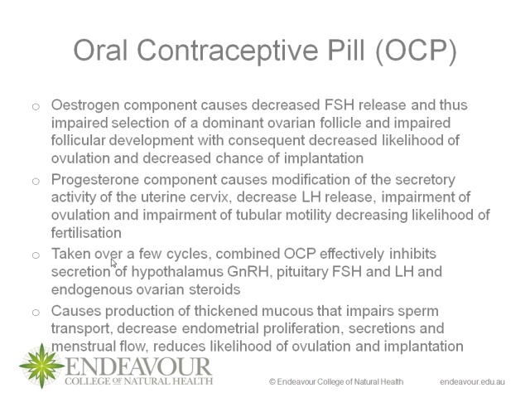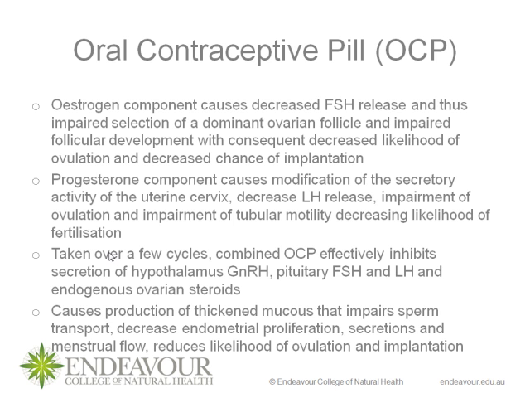With time, this causes a thickening of the mucus. This impairs sperm transport through the vagina and cervix. With time, it will also decrease the endometrium, so therefore, with time, menstrual flow will decrease. And this, all in all, reduces the likelihood of ovulation and implantation.